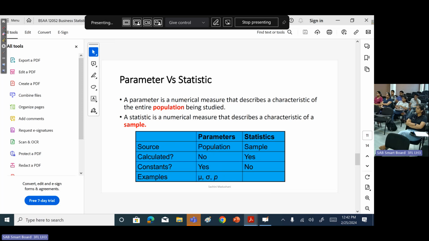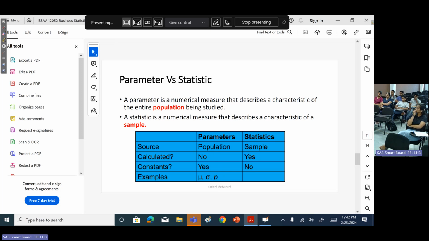Based on the sample result, we can take the decisions about the population. Therefore, we cannot calculate the parameters. Any characteristic of the population cannot be calculated. We can only calculate the sample statistic. Okay, understood? The population parameter cannot be calculated.